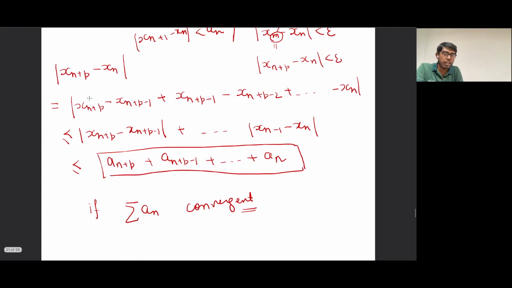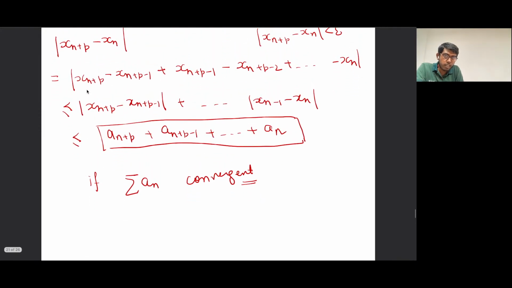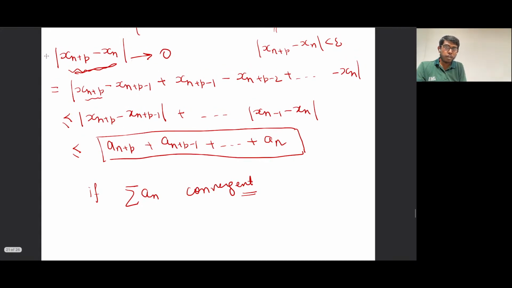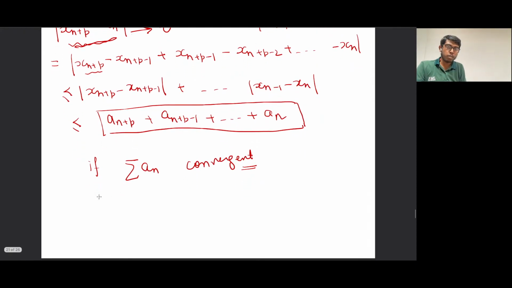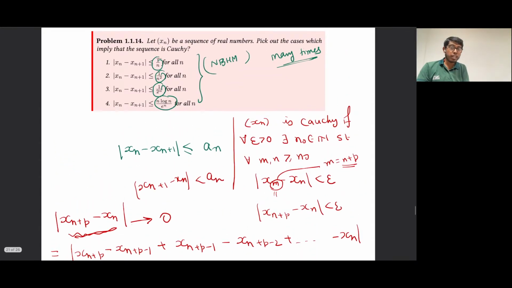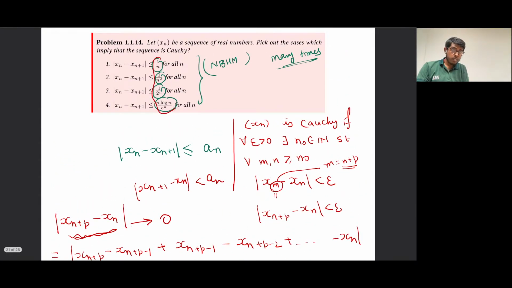Then this tail will go to 0, because the series is convergent, and therefore if I take n as large, this implies that xn plus p minus xn goes to 0. Therefore, we just need to check which of these series is convergent.